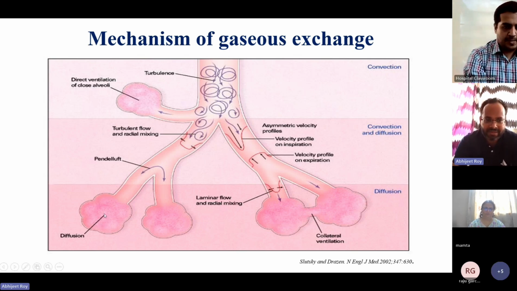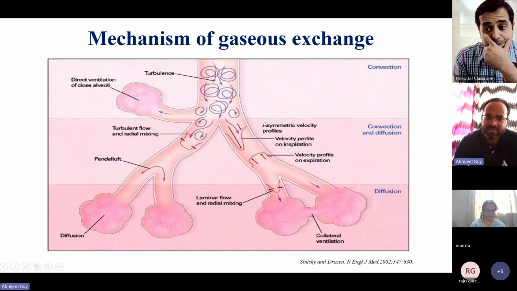Then there is a mechanism for diffusion at the tip. Then there is collateral ventilation in which the alveoli are connected. Then this occurs in distal airways where Taylor dispersion is the prominent feature, where we can see the conical shaped inspiratory gas. And because of the shear stress, it causes mixing with the surrounding air and better gas exchange.